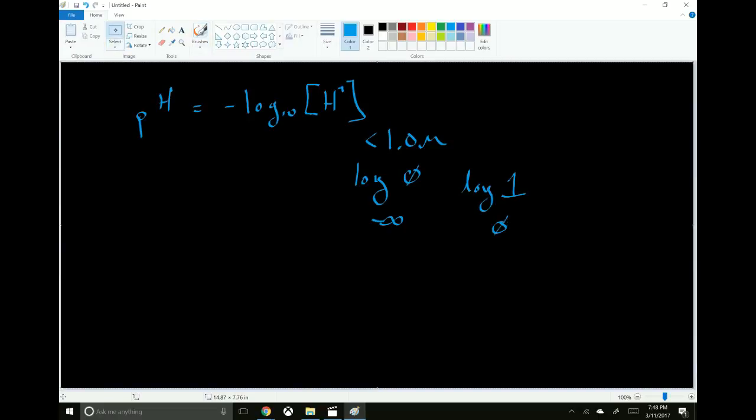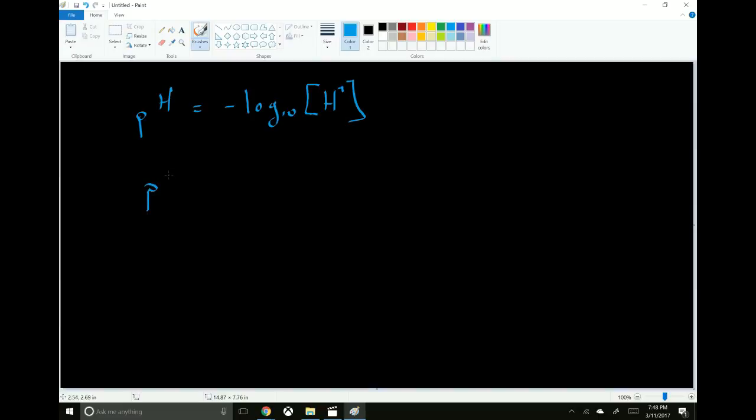Another advantage of pH, in addition to turning these numbers positive, is that pH turns them from these tiny fractions into a number that's usually between 1 and 10. You may have noticed that you have 10 fingers. We like numbers that are somewhere between 1 and 10.